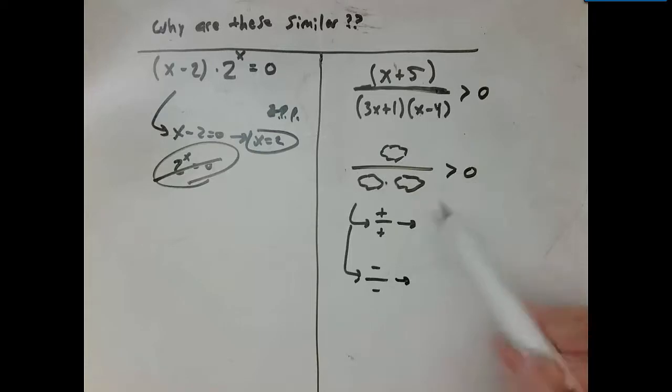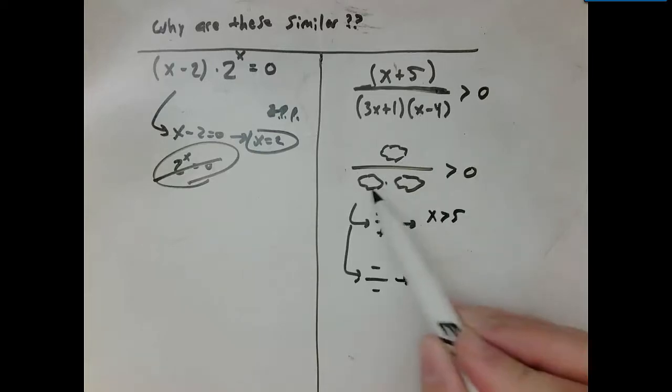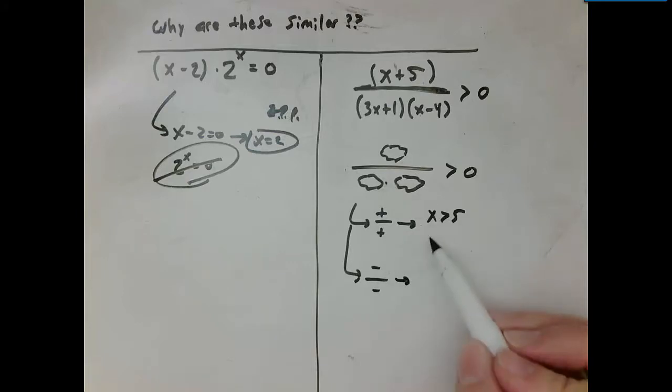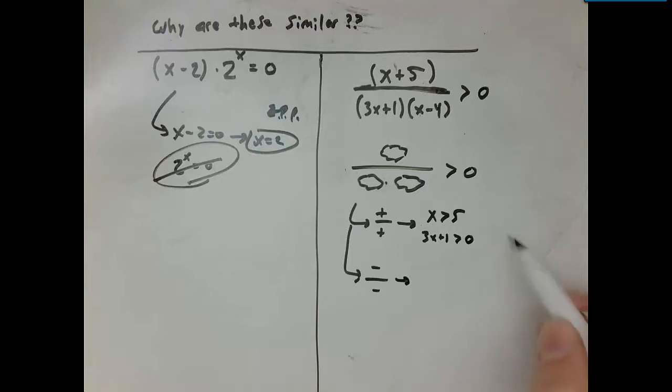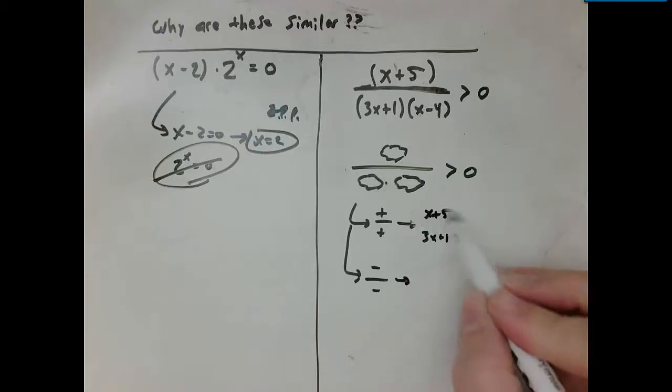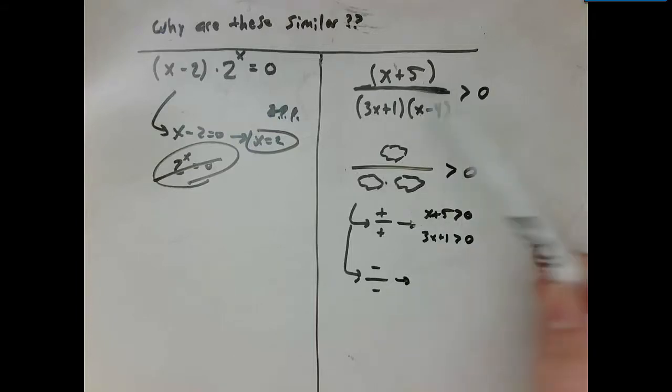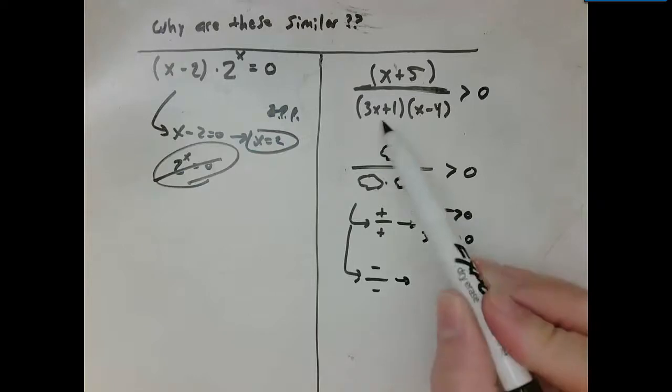Either the numerator is positive, x is bigger than 5, and also the whole denominator is positive, so that would give us that 3x plus 1 is bigger than 0, and also, x plus 5 is bigger than 0 would be the numerator being positive. And then in the denominator positive, either both of these are positive or both of those are negative.